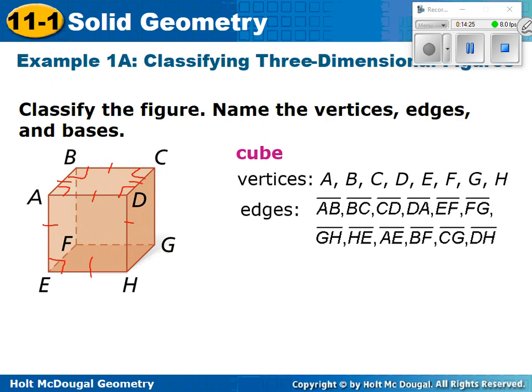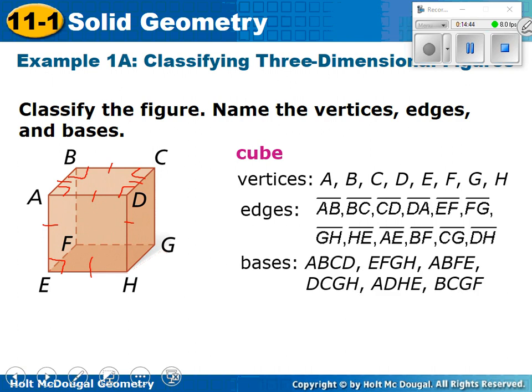And then lastly, if you say it's a hexahedron, you could pick any 2 bases. If you say it's a square prism, then you have to name the 2 squares that you see. Pick only 2 to name as your bases. So there's 6 possibilities if it's a hexahedron, but just pick 2 of them that are parallel.